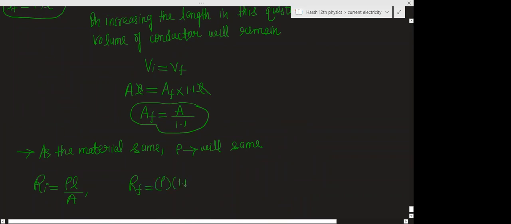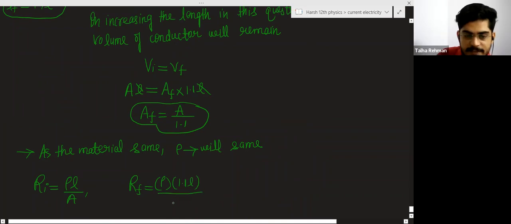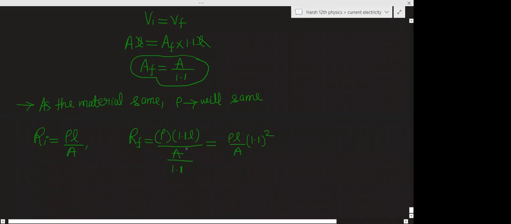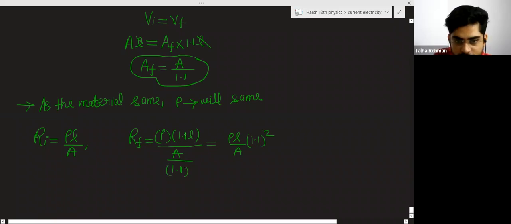L is 1.1 L. Area is A divided by 1.1. So when you solve this, you will get rho L by A into 1.1 squared. This 1.1 will go in the numerator and multiply by 1.1, so 1.1 into 1.1 will be 1.1 squared.